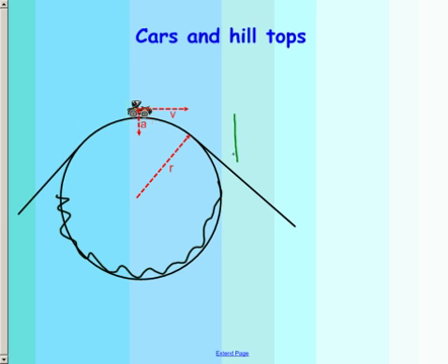I am going, in this case, to choose positive as down because that's towards the center of the circle. Again, you don't have to do that. I just like to do that. Let's FBD right over here. We have the force due to gravity, and at the top, we have the normal force.